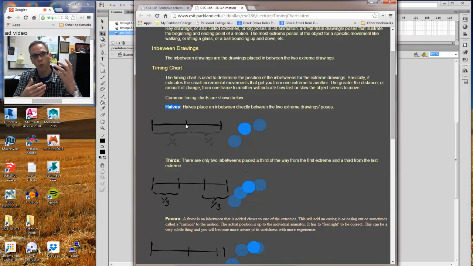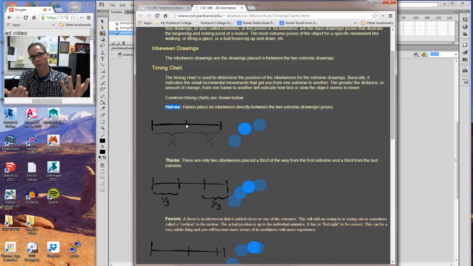So if you are going 1 and 3, you can always slip in a 2 that could be different than 1 and 3. Whereas 1 and 2 is the same drawing, and 3 and 4 is the same drawing. If you want to slip in a half or a favor or something else, you can put a 1, 2, 3. And that's how things work.